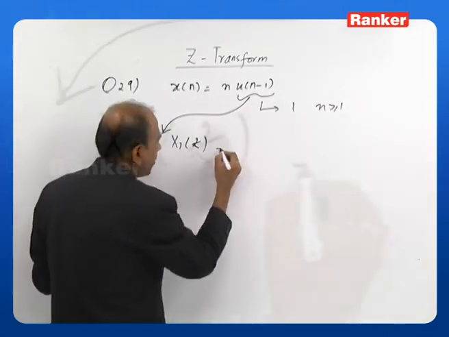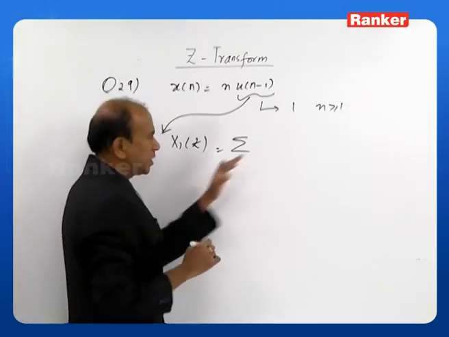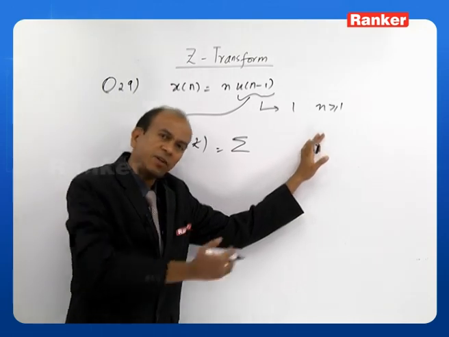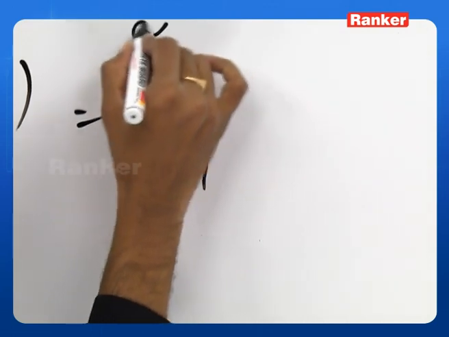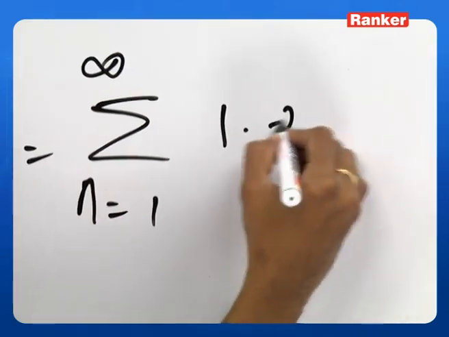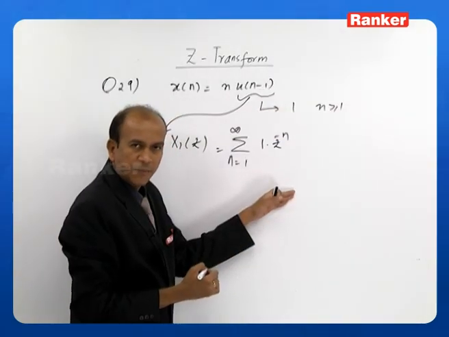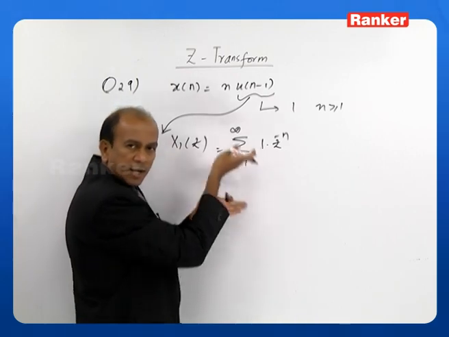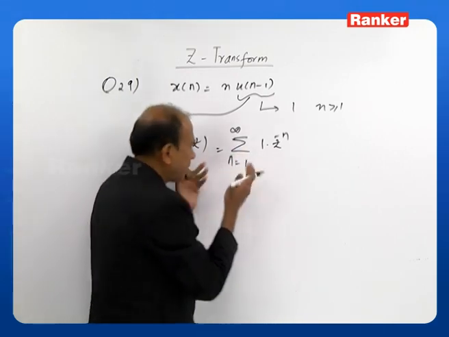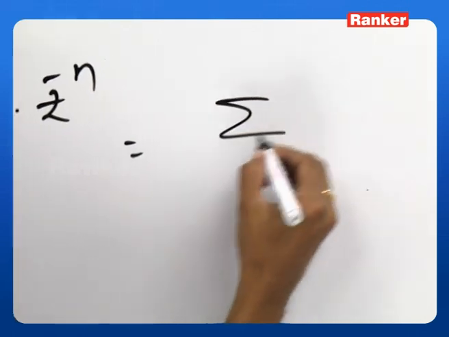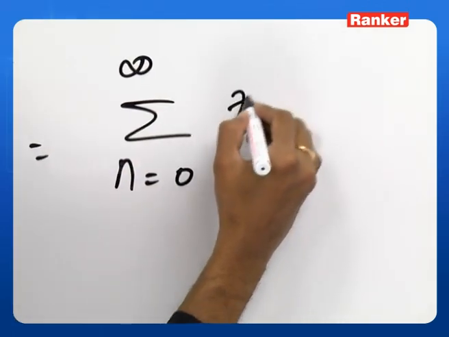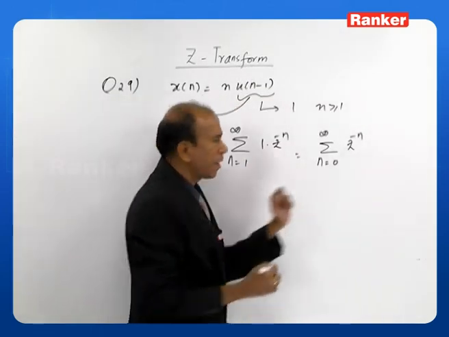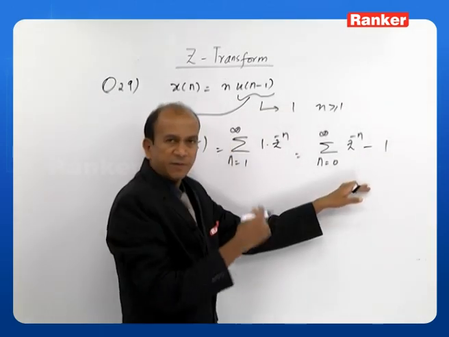Okay, that will be equal to, this is 1 from n greater than or equal to 1 to infinity. So we can write this as n is equal to 1 to infinity 1 z to the power of minus n. So let us change the summation limits and then take care of the additions which you are making. N is equal to 0 to infinity z to the power of minus n, okay, minus 1 because we are shifting this.